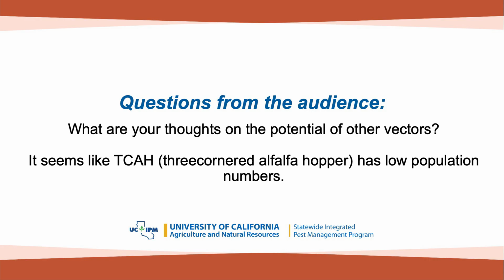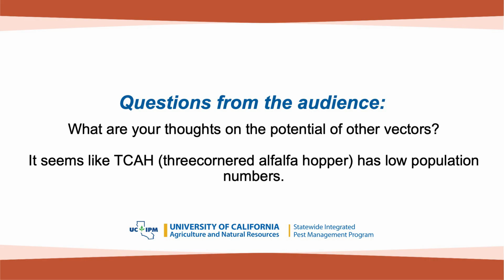And then the second aspect of that question is, are there other vectors? So these insect-pathogen relationships are long, they develop over time, evolutionarily. This virus is in the phloem. The insect has to feed in the phloem, pick it up in its mouth parts. The virus has to go into the digestive system of the insect, go back out into the insect body, and then go into the salivary glands, and then be moved back into another grapevine.